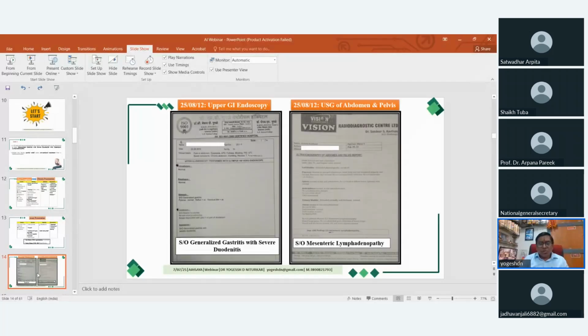Upper GI endoscopy talks about the generalized gastritis with severe duodenitis. And in USG of abdomen and pelvis, there are signs suggestive of mesenteric lymphadenopathy. So here we are able to find out the diagnosis in this case.